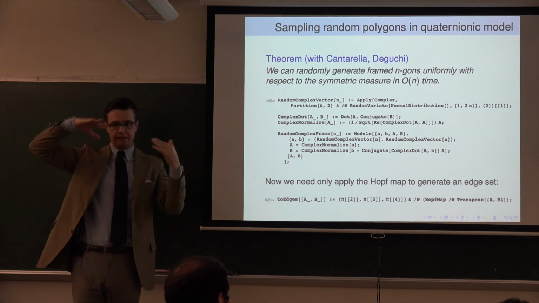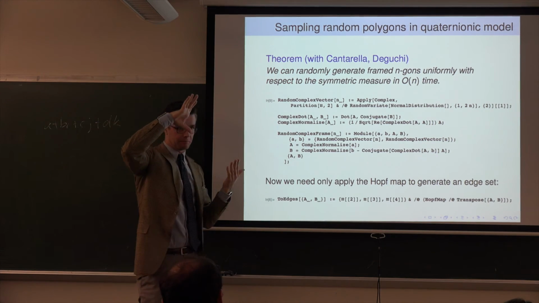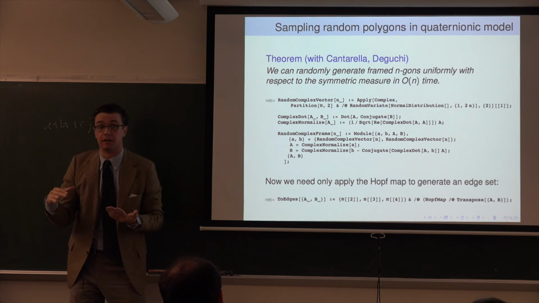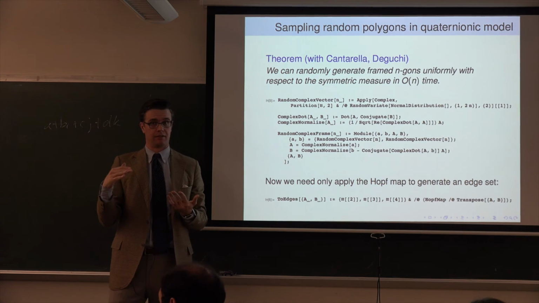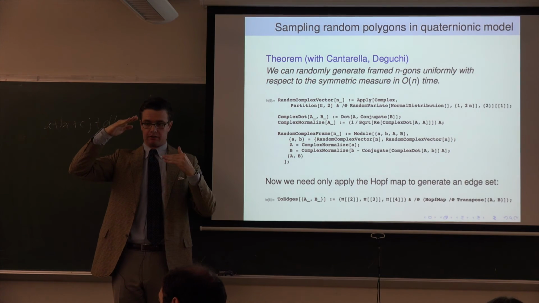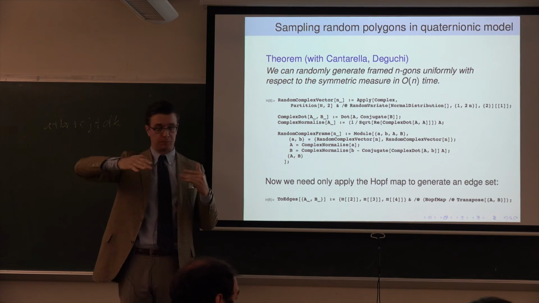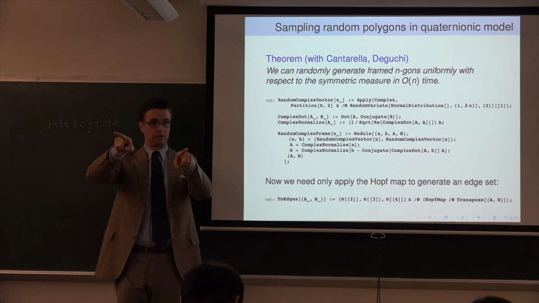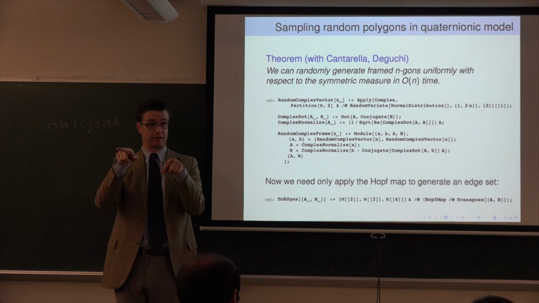So remember, these polygons were basically points on the Grassmannian. Well, generating points uniformly on the Grassmannian is really easy. Here's how it works. You want random 2-planes in C^n. So generate two n-dimensional complex Gaussians.